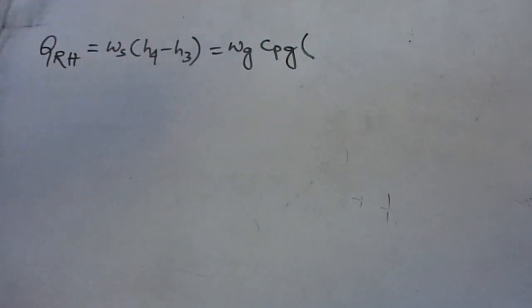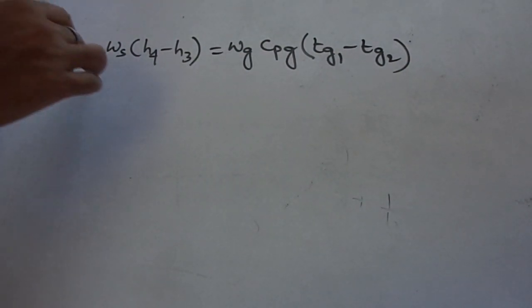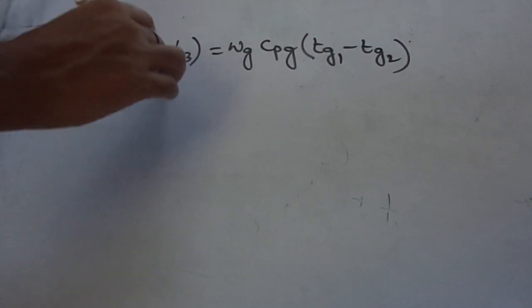in the reheater, QRH, equals WS (H4 minus H3), equal to WG CPG (TG1 minus TG2), equal to U0 A0 delta T1M.